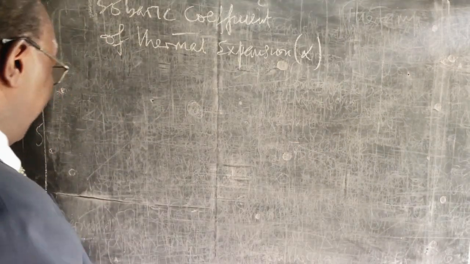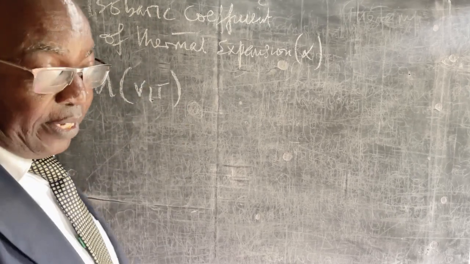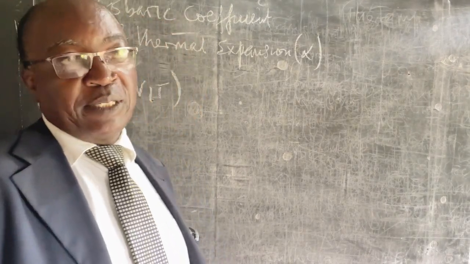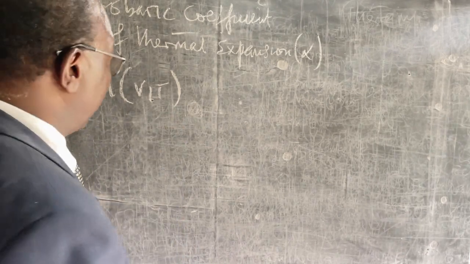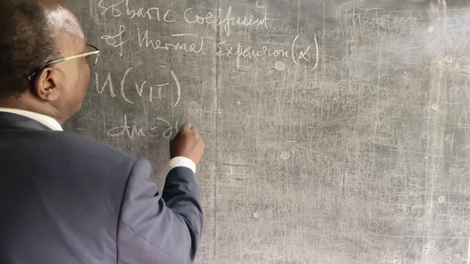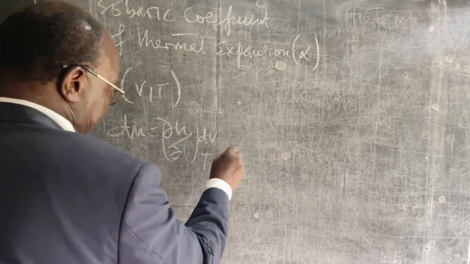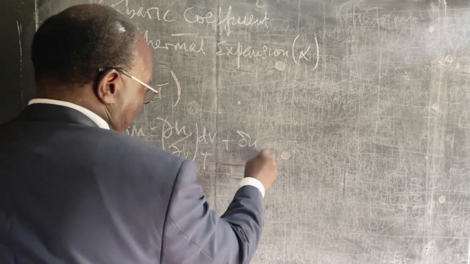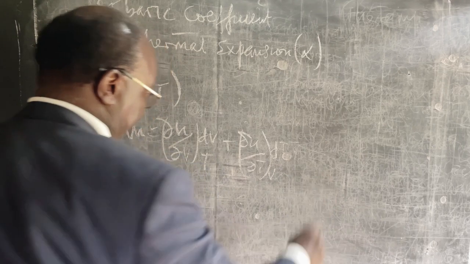We start by remembering that U is a function of volume and temperature. As you have said, U is internal energy, V is volume, T is temperature. And U being a state function, we can write it as dU equals del U del V at constant T dV, plus del U del T at constant V dT.